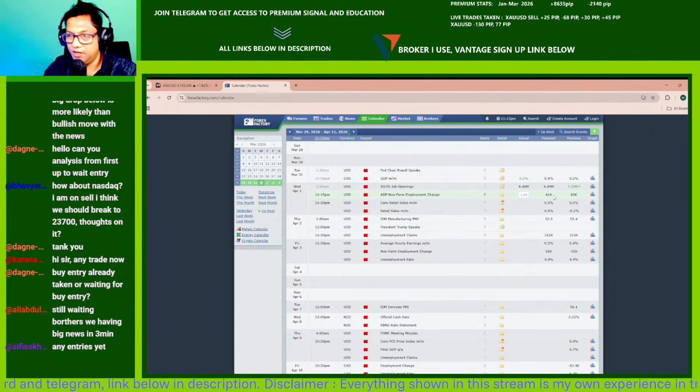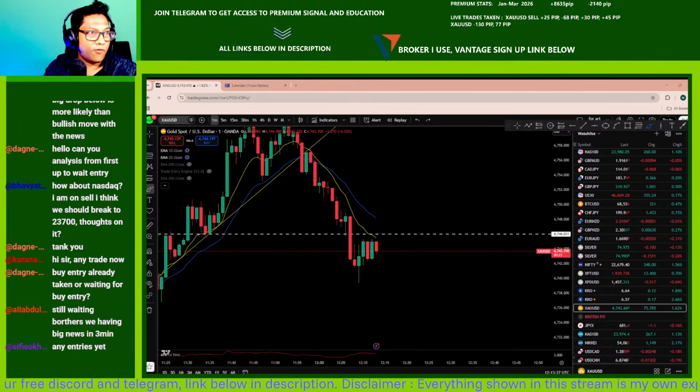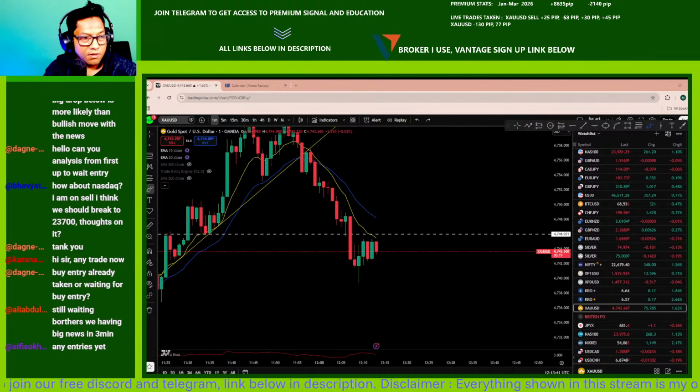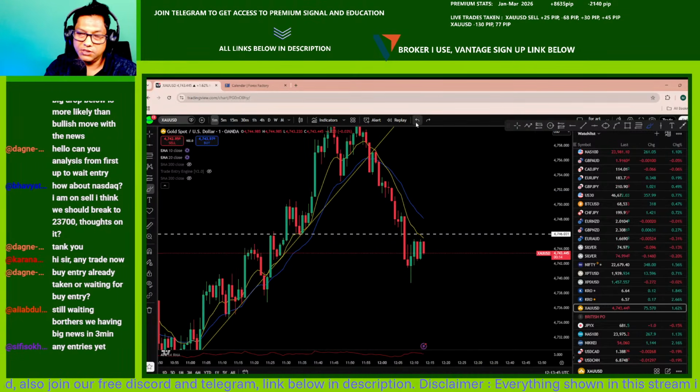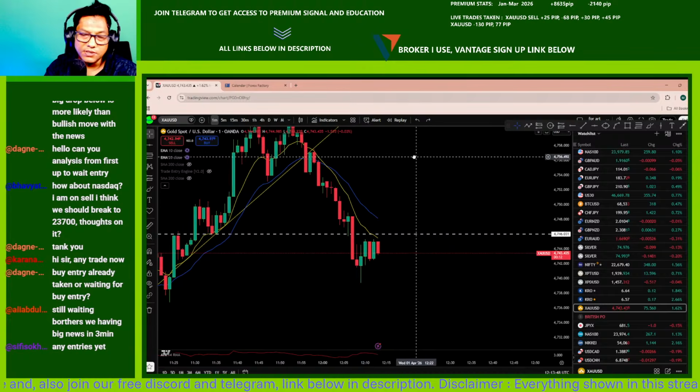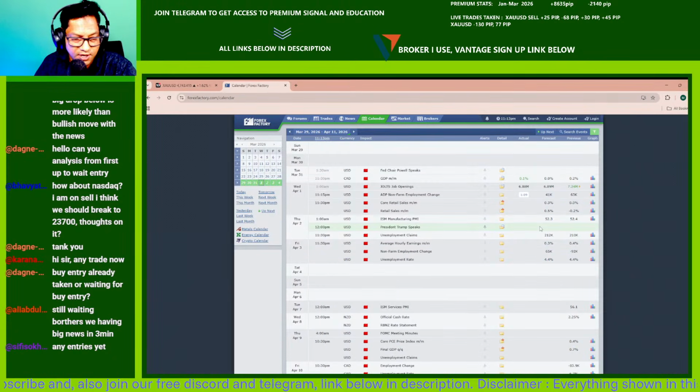With the upcoming data, we will see there is a spike potentially, and you want to avoid the spike, right? You don't want to enter into the spike. There's a massive spread widening, and once the spread widens, then we can look at that entry.